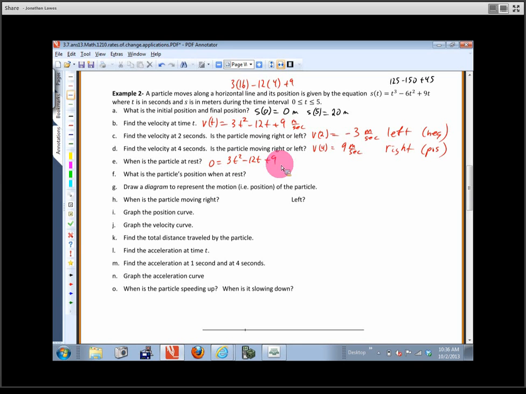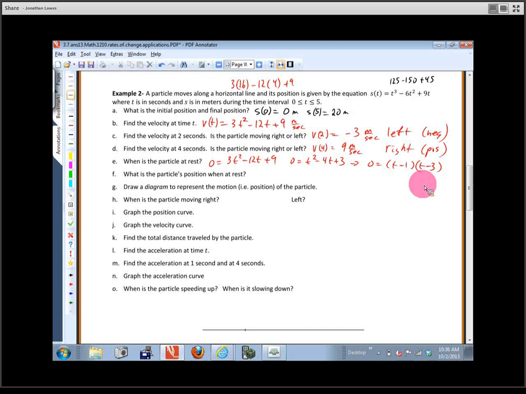Get rid of that leading coefficient of 3. So here's what we're solving: 0 equals t squared minus 4t plus 3. Is that right? Which I can then factor, and I end up with t minus 1 and t minus 3.